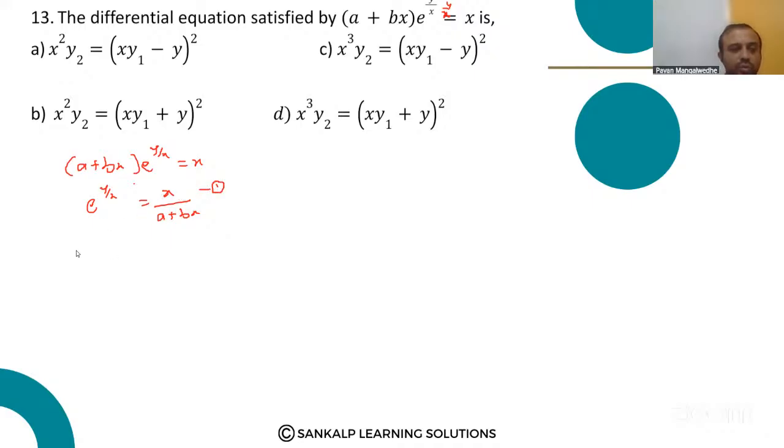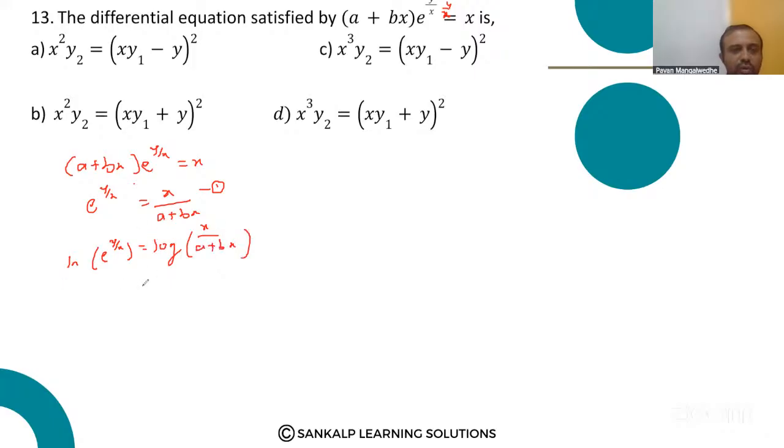So taking the logarithm on both sides, log of e raised to y by x is equal to log of x by a plus bx.